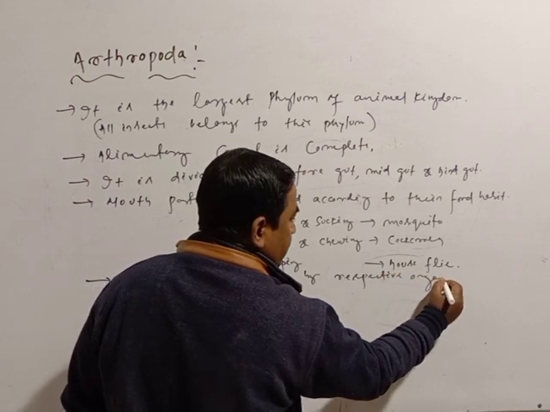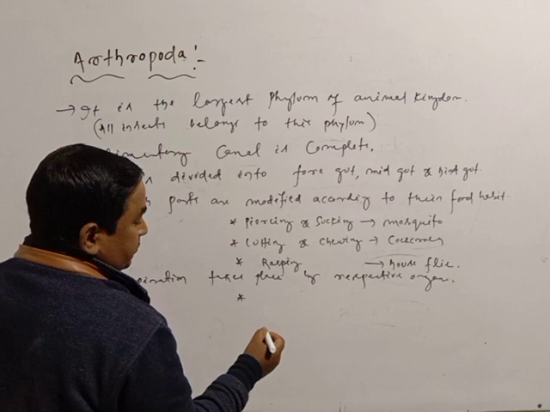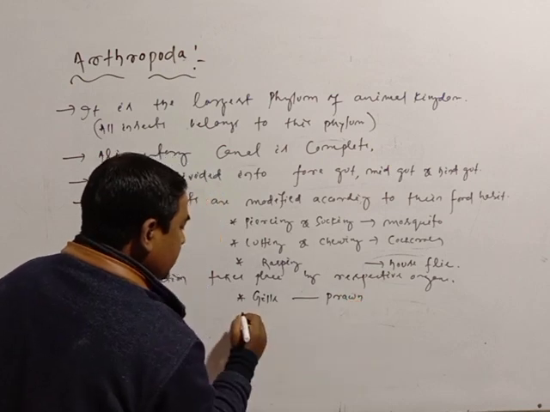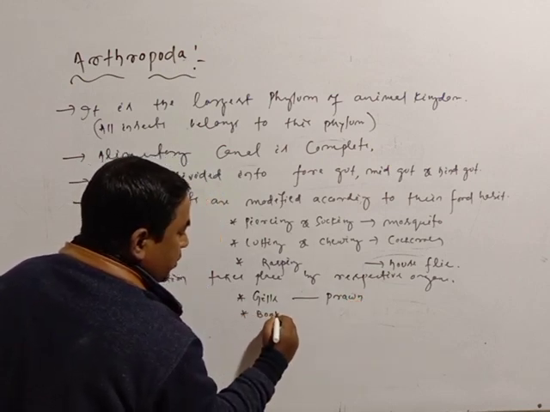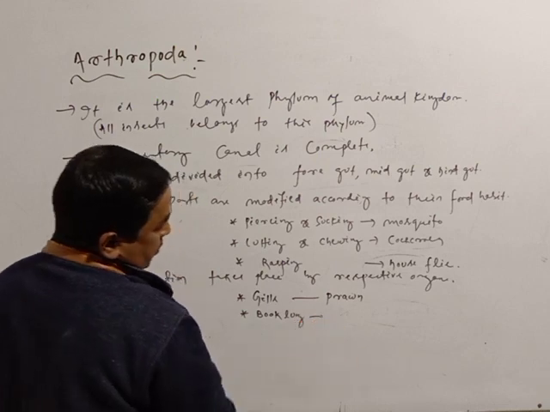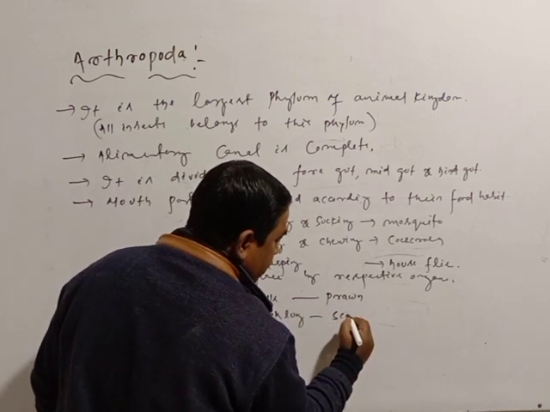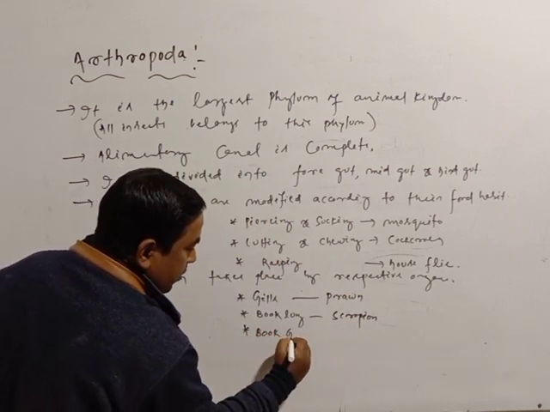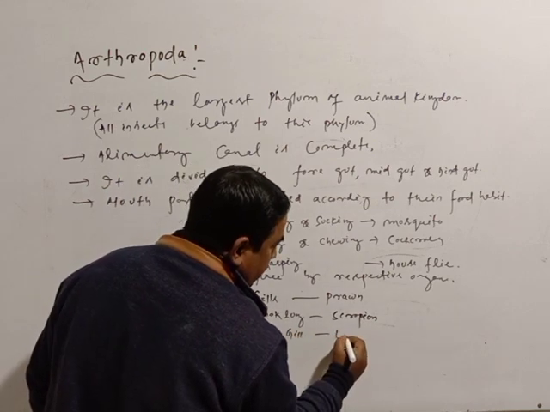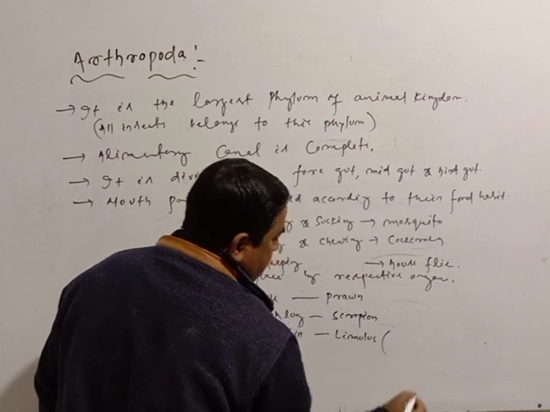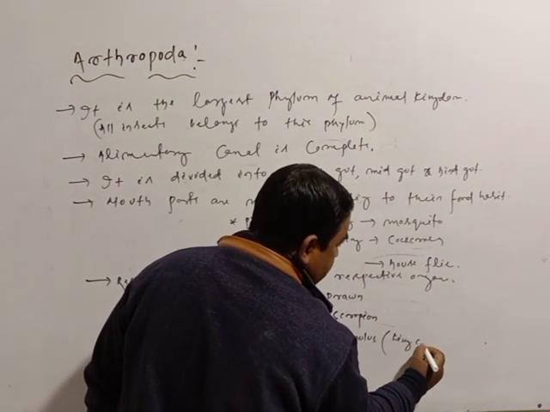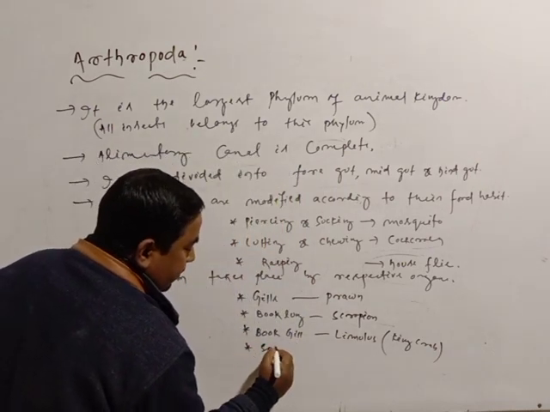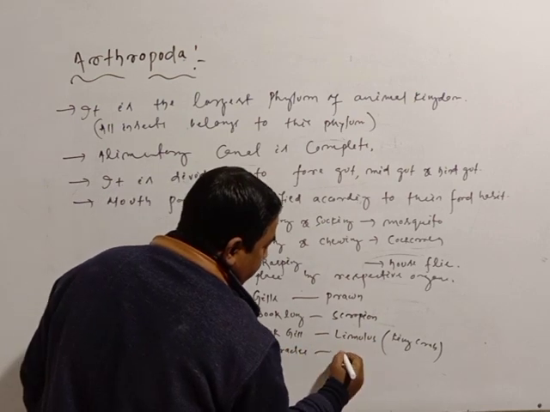Example, gills, prawn; book lung, scorpion; book gill, Limulus, also called king crab; then spiracles, insects.